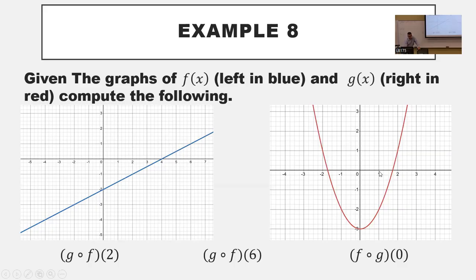And then I look at where +1 is sent with g, and since g goes to the point (1, -2), this is also sent to -2. So that also becomes a -2. All right, g of f of 6: f of 6 becomes a positive 1. G of a positive 1 is a negative 2.